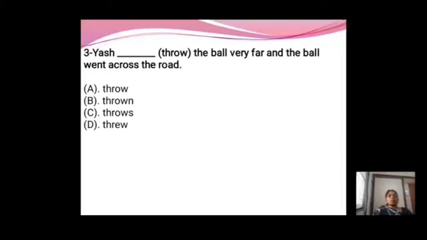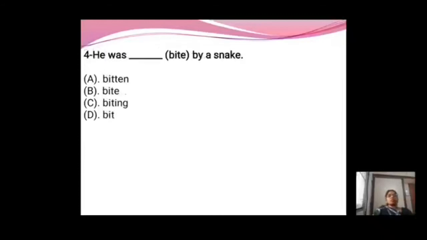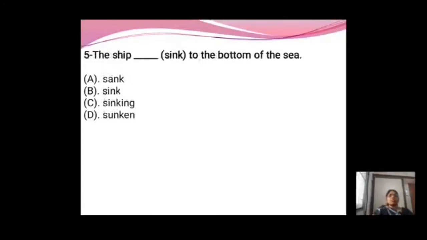Four options are throw, thrown, throws, threw. The fourth one, he was dash bite by a snake. Bitten, bite, biting, bit. And the fifth question is, the ship dash sink to the bottom of the sea. Sank, sink, sinking, sunken.